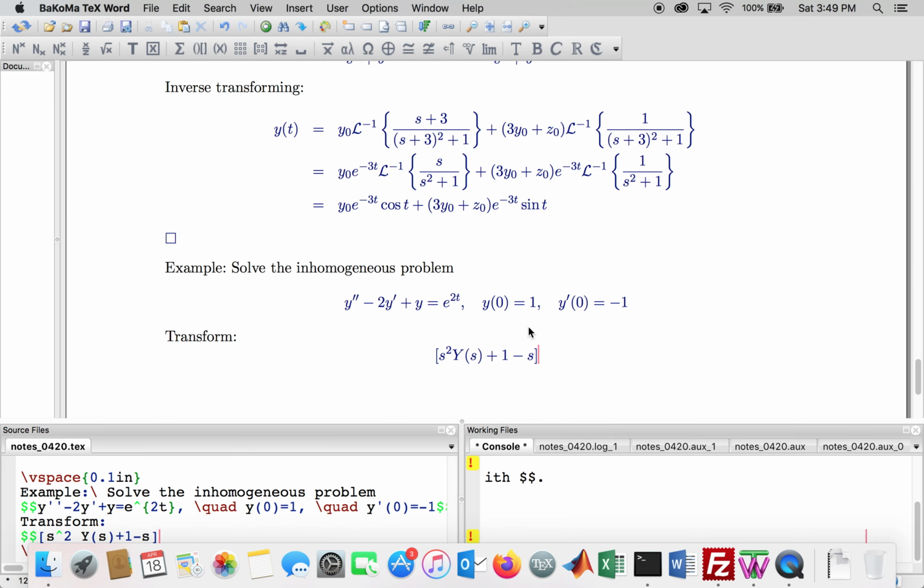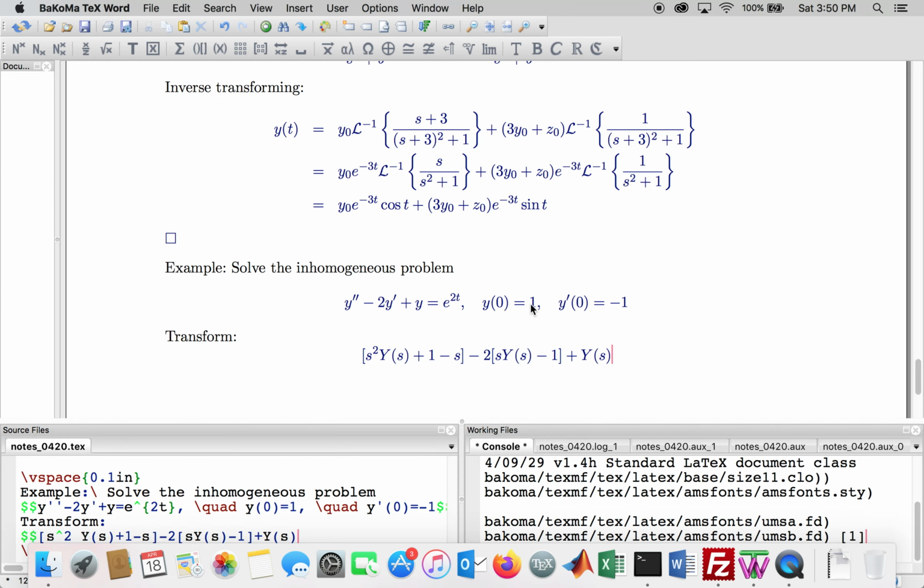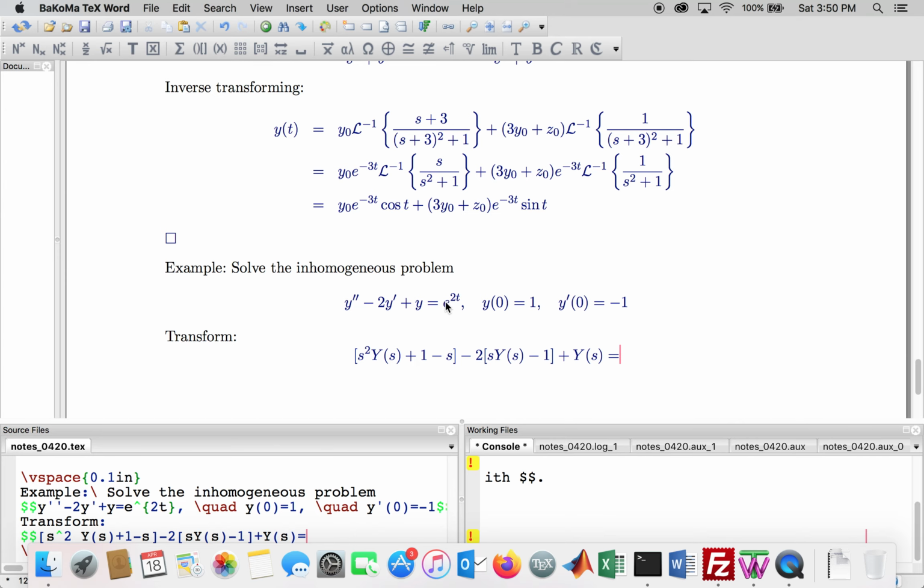And then I have minus 2 times the transform of y prime, that's going to be sY of s minus the initial value, so that's minus 1, plus capital Y of s is equal to the Laplace transform of e to the 2t.